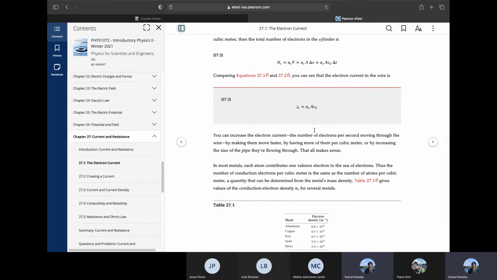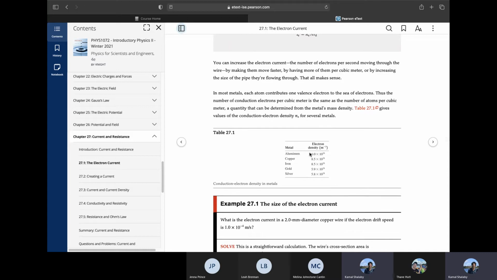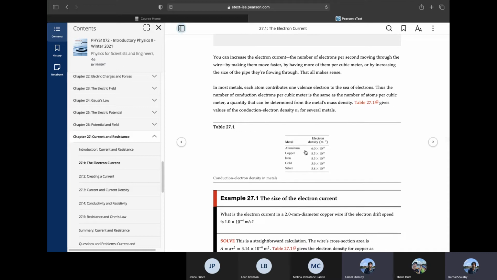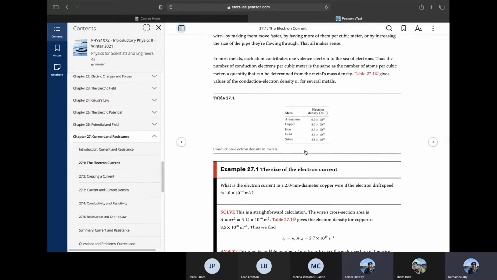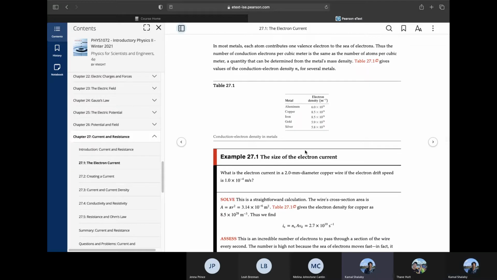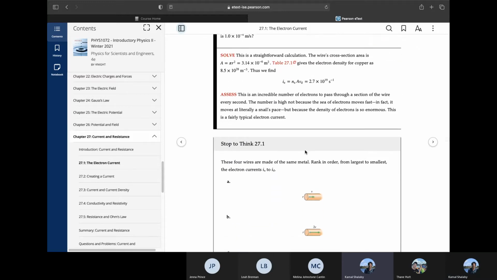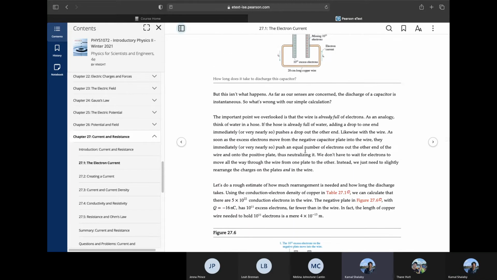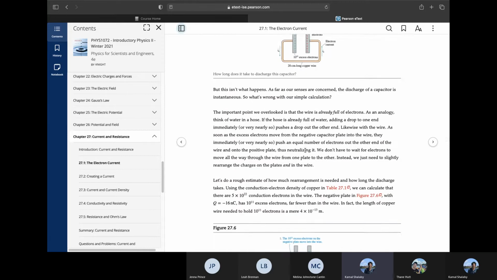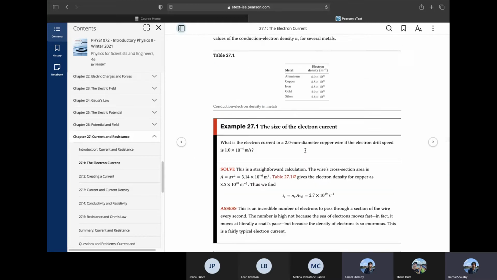Okay, this is the drift speed. Okay, at least we know that aluminum has 6 × 10^28 electron density, so that's a good start. So I just write that down.